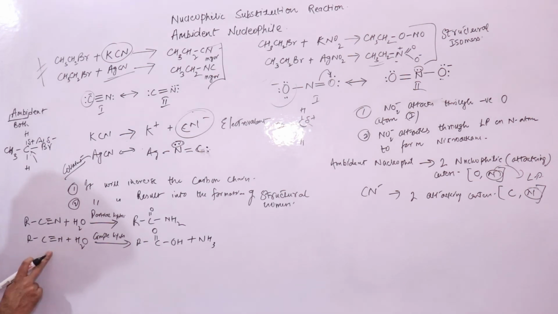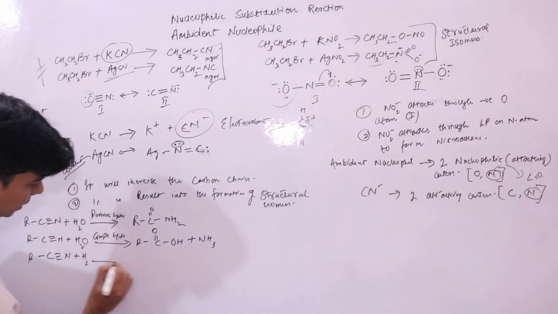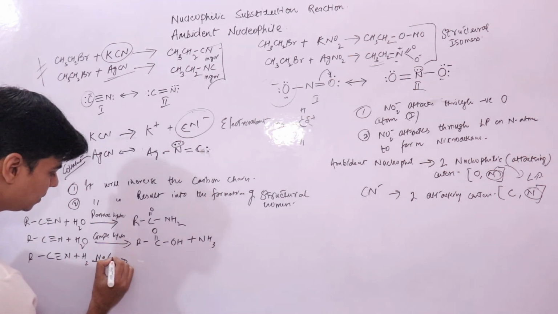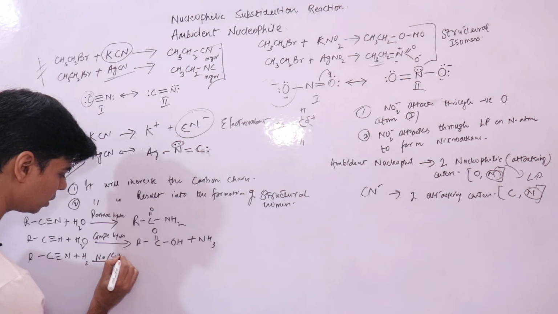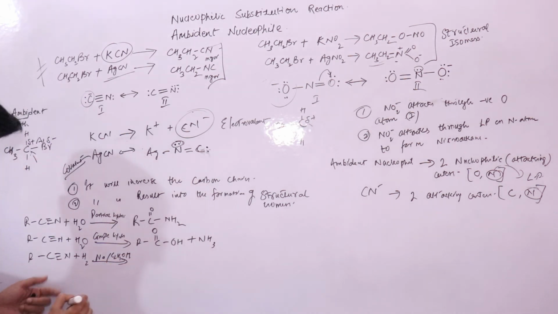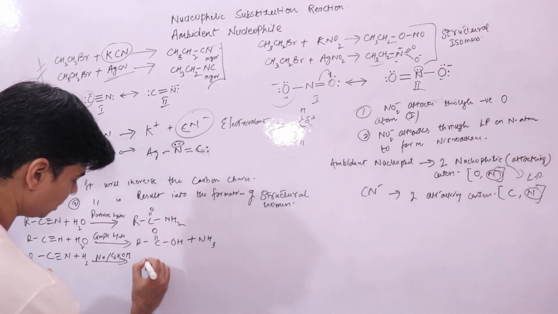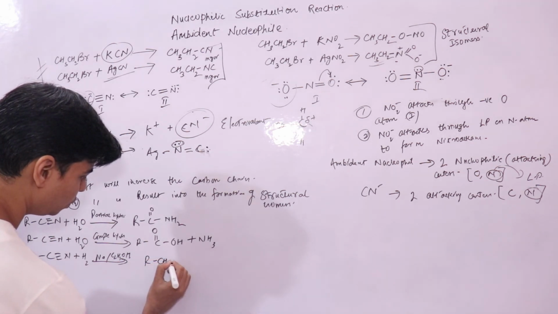And reduction of cyanide is an important reaction. Reduction of cyanide in the presence of sodium and ethanol will result in an amine, a 1 degree amine. It's RCH2NH2.